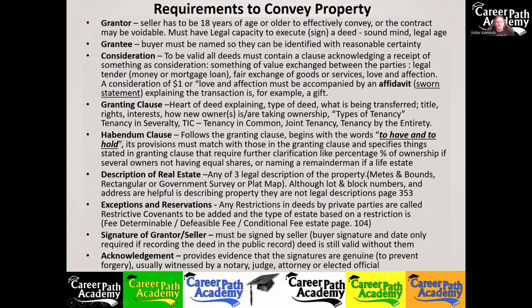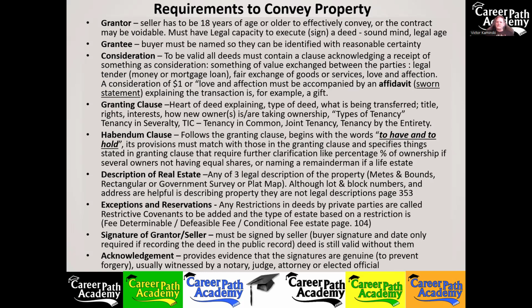All right. So I put together this slide for you that explains all the notes about the anatomy of a deed. May not be a bad screenshot for you to take either. So the grantor is the seller.